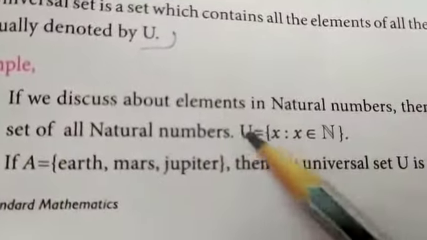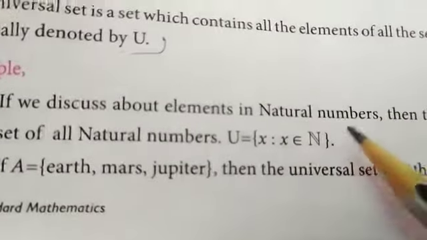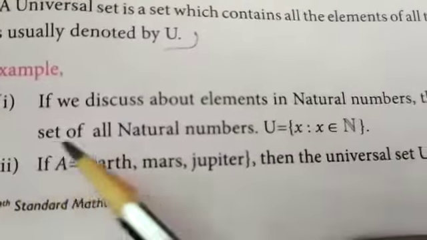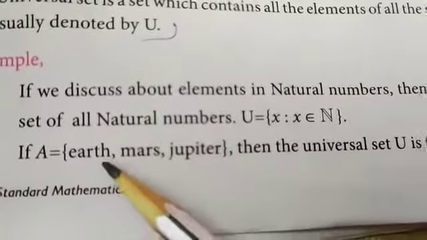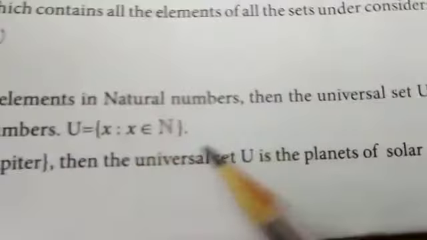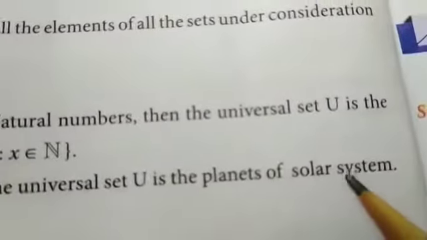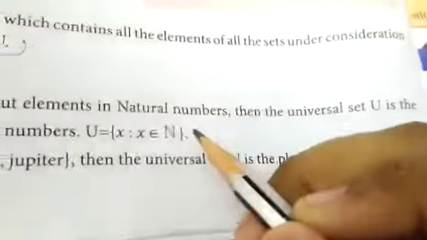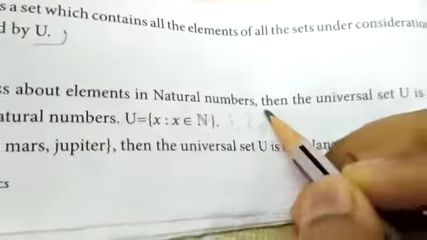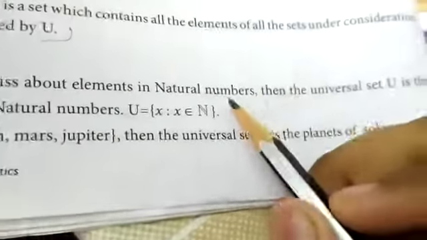That is, U equals x where x belongs to natural numbers. Second example, if A equals Earth, Mars and Jupiter, then the universal set U is the planets of the solar system.